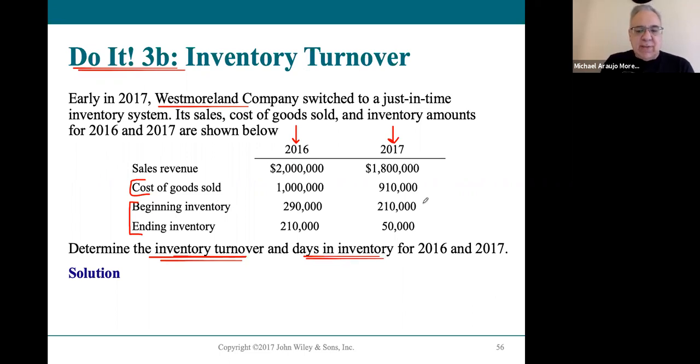So notice in 2017, the ending inventory for this company dropped substantially because they switched to something called a just-in-time inventory system, which is mostly what retailers run on today. So just-in-time inventory means that retailers don't have a lot of inventory in the back room in stock.